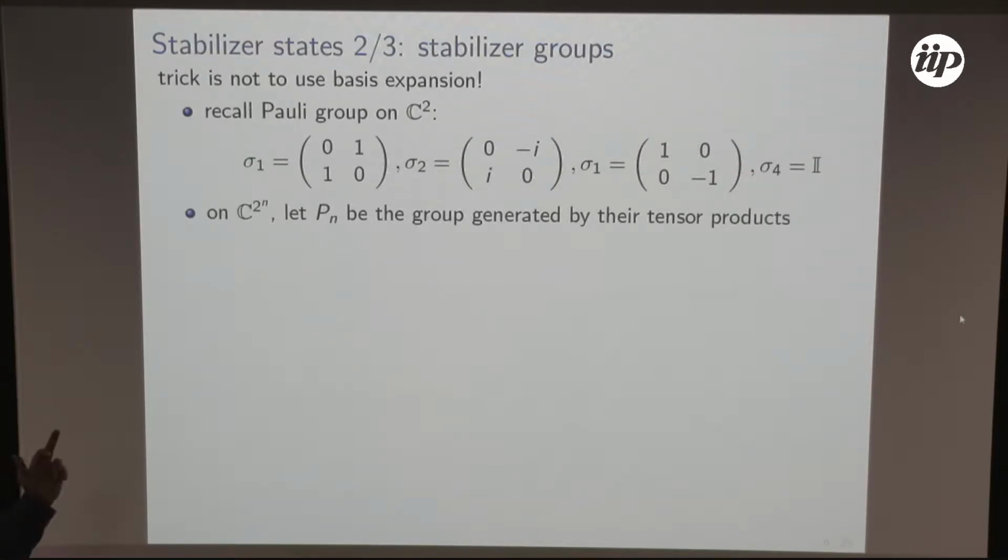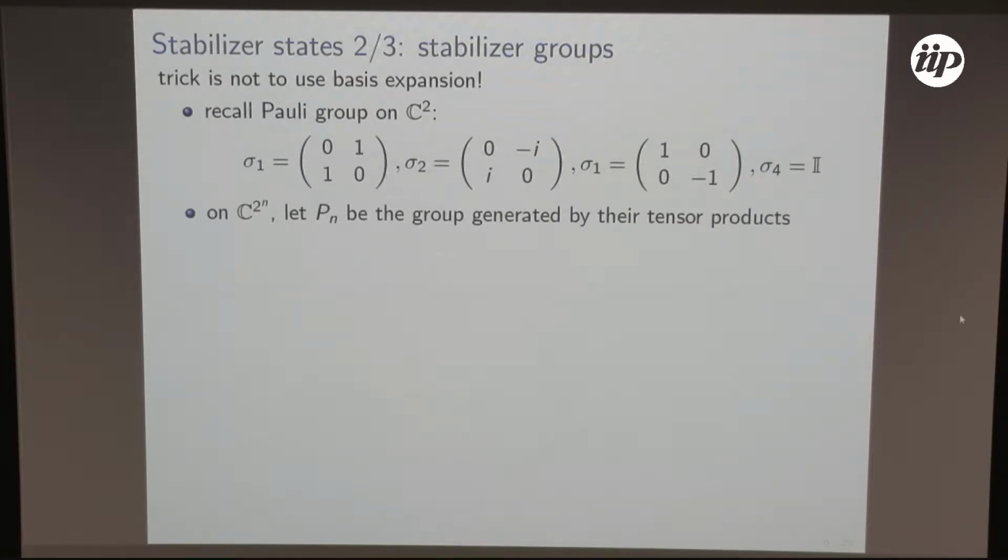The starting point is to recall the Pauli group on C^2, which is just these 4 matrices. And they form a group up to phases that I sweep under the carpet here. You can extend this naturally to power of 2 dimensions, but just consider the group that is formed by tensor products of these elementary matrices.